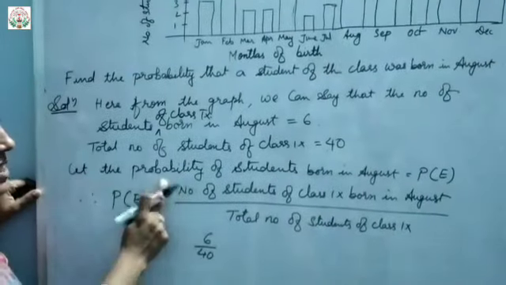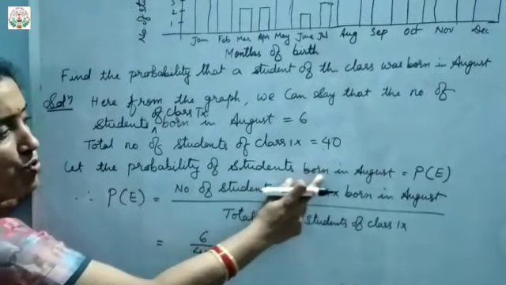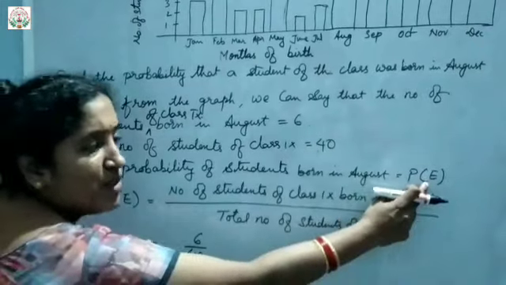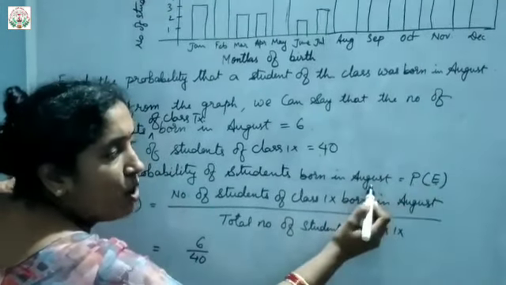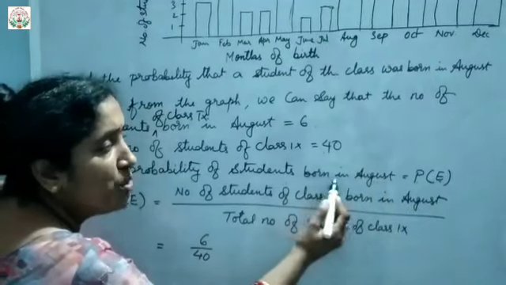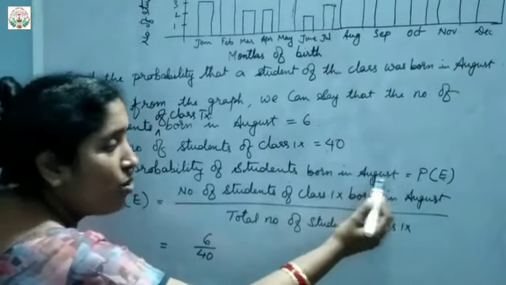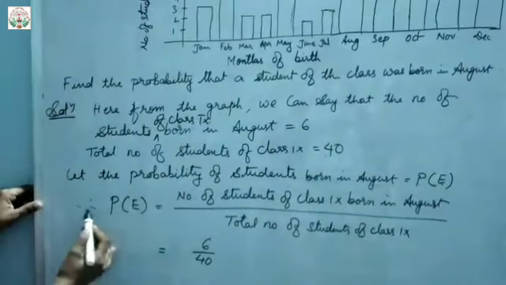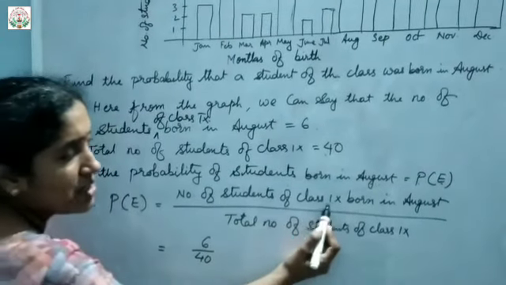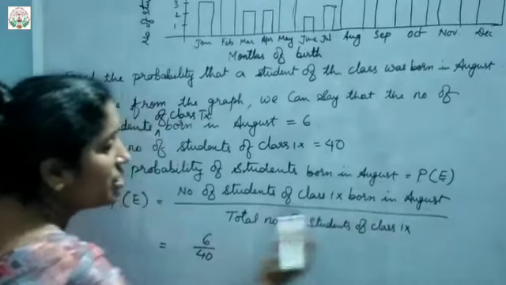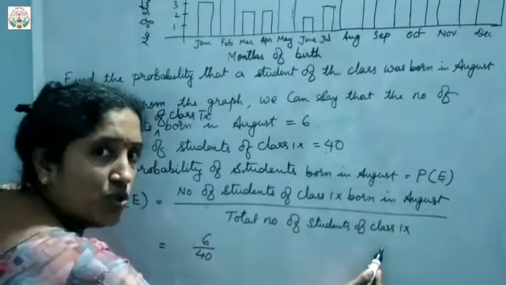Now let the probability of a student born in August be P(E). P(E) will be equal to the number of students of class 9th born in August upon the total number of students of class 9th.